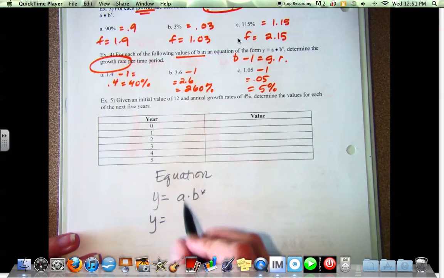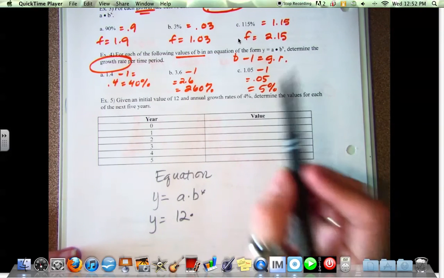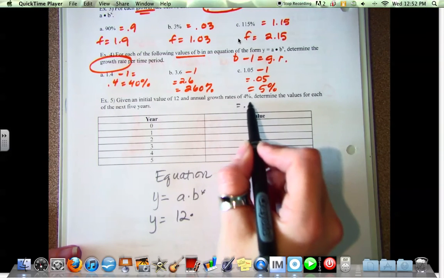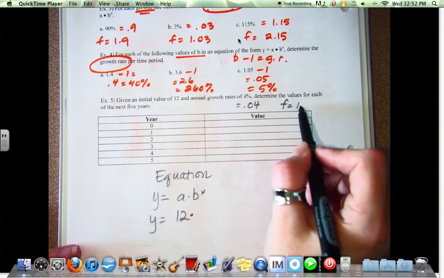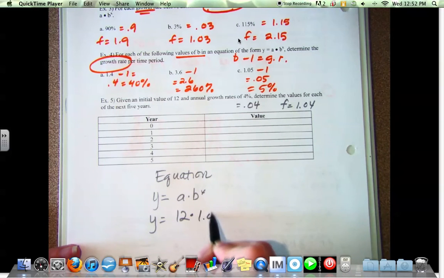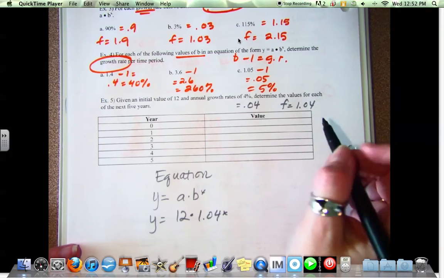So what is my a? 12. What's my growth rate? 0.04. So that means my factor is 1.04. All right. So for year 0, what is my value?